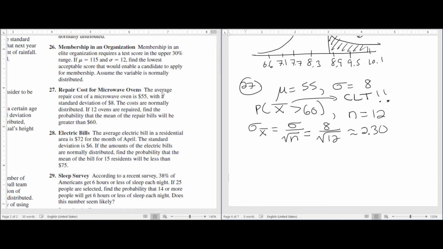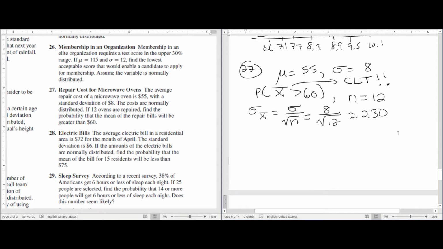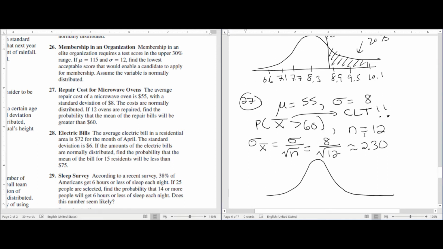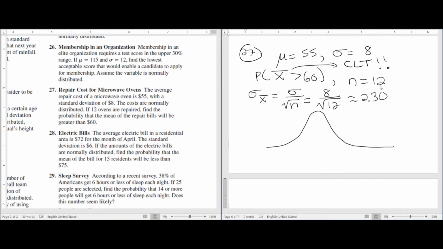Now, since we are doing the central limit theorem, when we draw the curve, I'm going to draw a skinny curve. The bell curve is a skinnier version of the original. The mu is still going to be 55 because by the central limit theorem, mu x bar equals mu. So 55 is also mu x bar, and we are graphing x bar here instead of x.